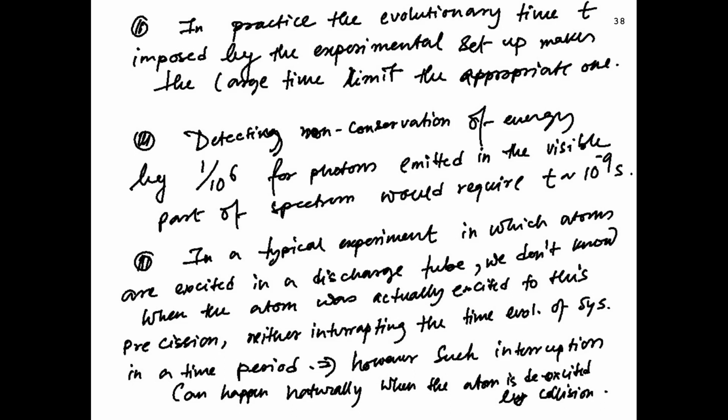Practically, you don't have that kind of short-time measurement. You usually do measurements on the order of milliseconds or seconds, but there are some very modern experimental techniques where you can do ultrafast spectroscopy, with attosecond pulse lasers or picosecond pulse lasers.